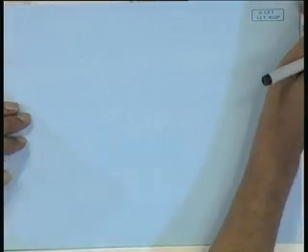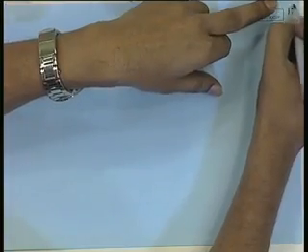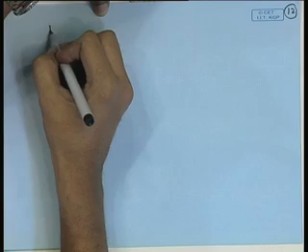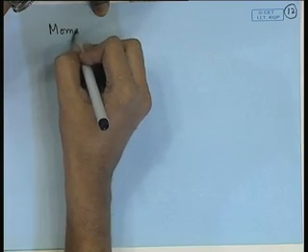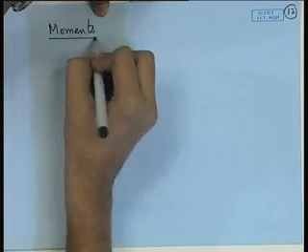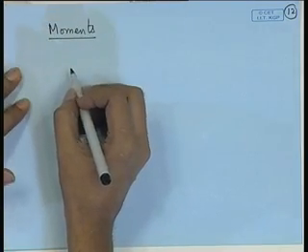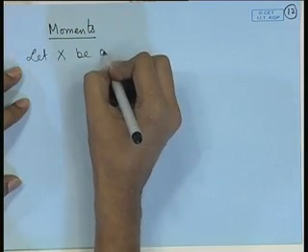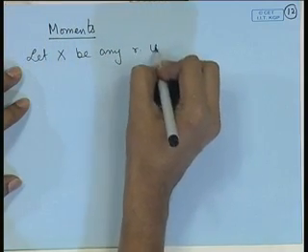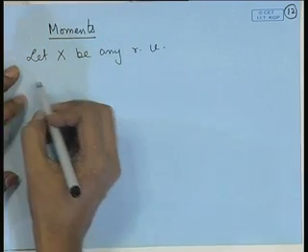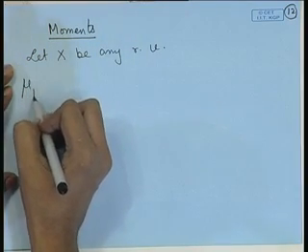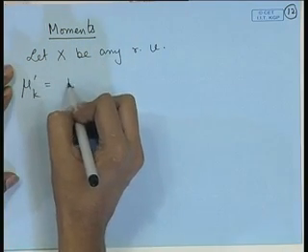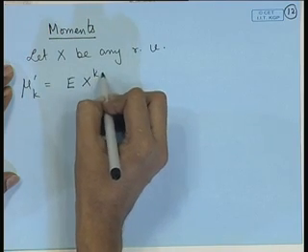Next we discuss the concept of moments of distributions. Let X be any random variable. We define mu k prime is equal to the expectation of X to the power k.